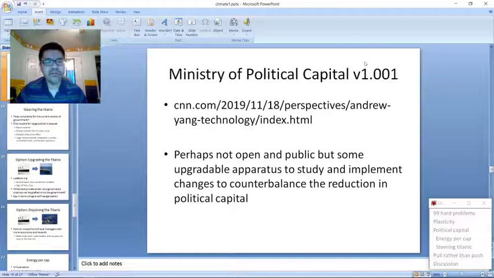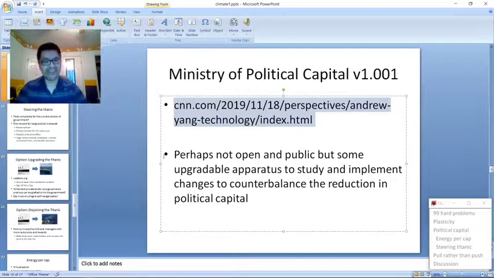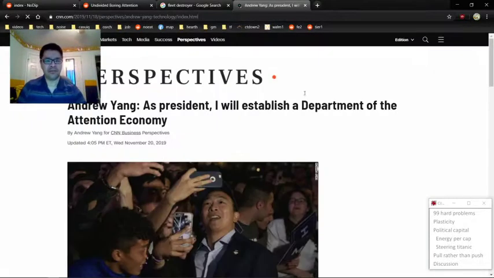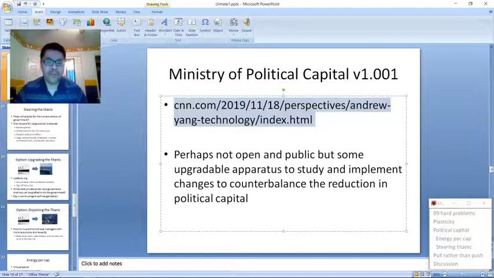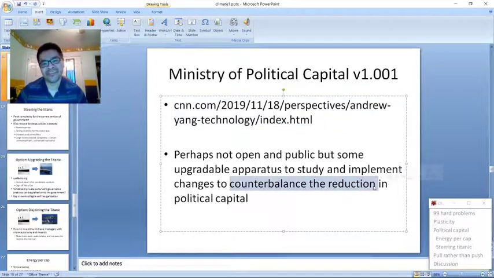I would argue that just like Andrew Yang suggested the establishment of an attention ministry, some form of ministry of political capital, some apparatus perhaps not so apparent and open to the public, but some form to study this decline in the amount and the efficacy of political capital is required to counterbalance this drastic reduction.